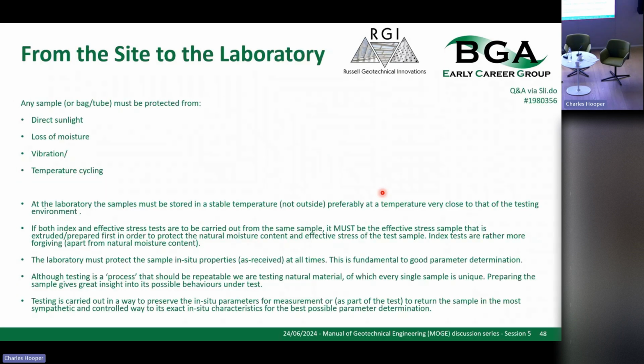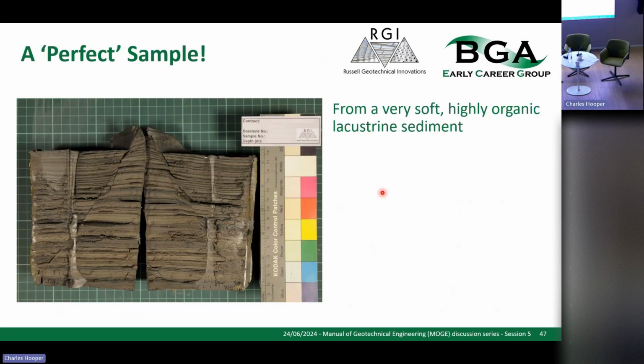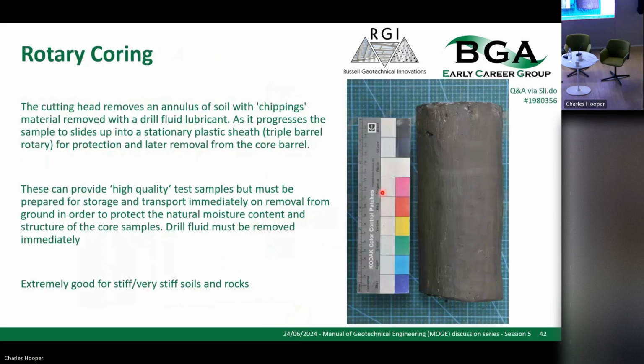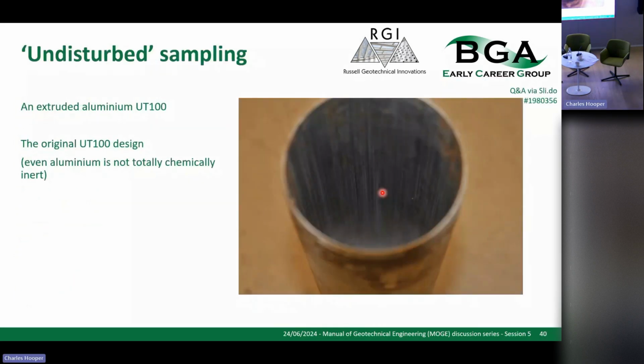Yes, I have got a slide missing. It's a shame. Let me just come back. What I was going to show you was in the UT 100. There's a slide after that that showed you the mild steel version, and you can see the corrosion and the fact that the soil is totally caked and smeared inside this tube.